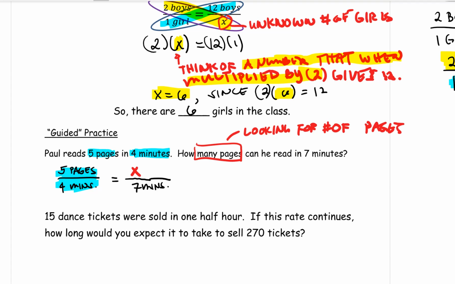However, this is the proportion of this question. The first ratio is the 5 pages in 4 minutes. The other ratio is I still don't know the number of pages in a time of 7 minutes. So how do you solve for x?